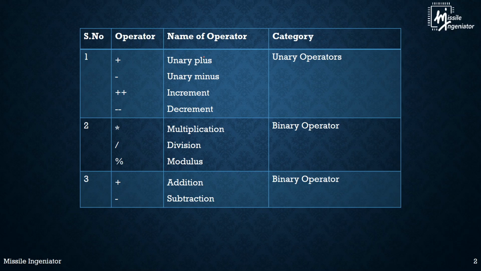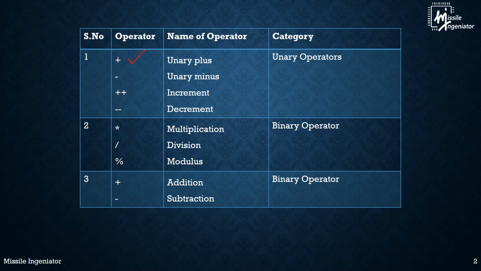The first thing that comes under this is the unary operator. I explained unary operators in the previous lecture video also. A unary operator performs an operation on a single operand.